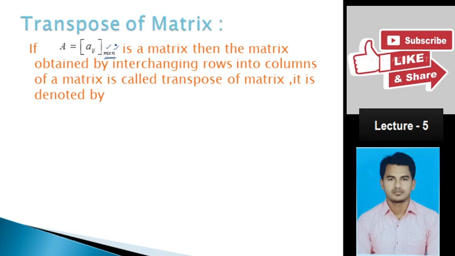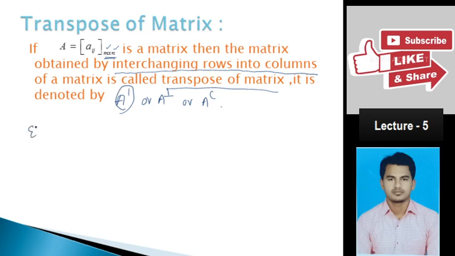Any matrix, means containing rows and columns. Then the matrix obtained by interchanging rows into columns. Now interchanging rows into the columns of a matrix is called transpose of a matrix. It is denoted by A dash, or A to the power of T, or else A to the power of C. So better we are going to use A dash. A dash means A transpose.